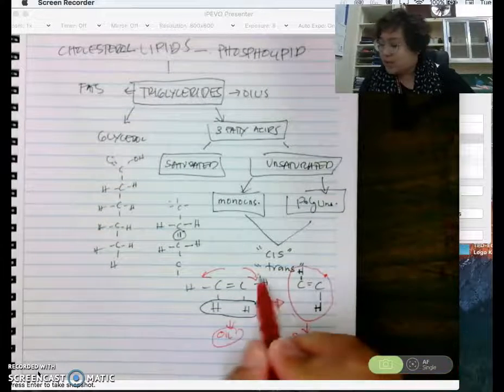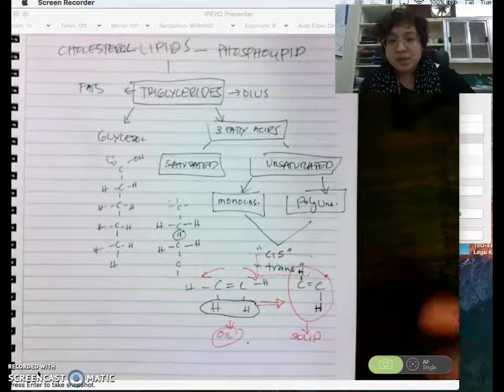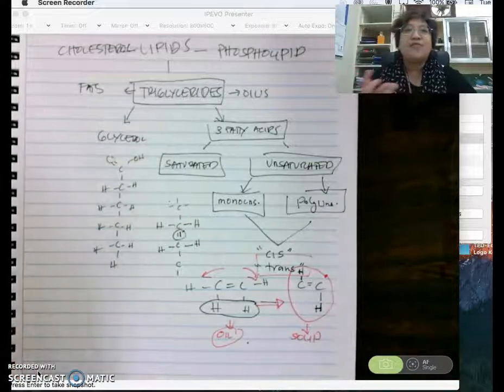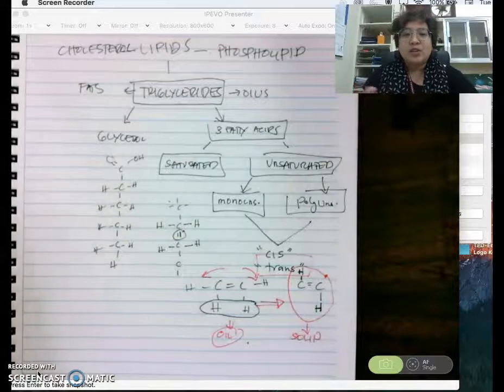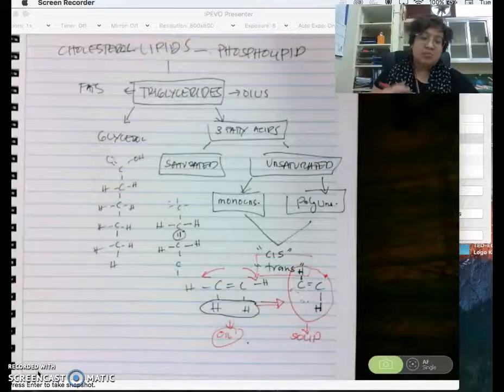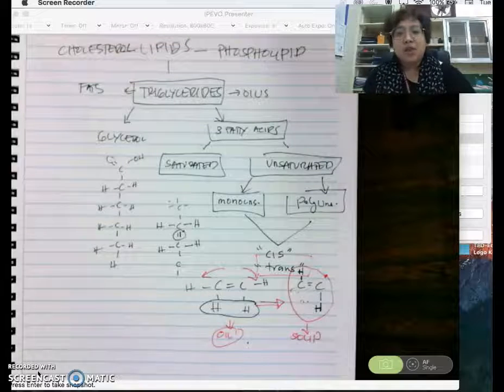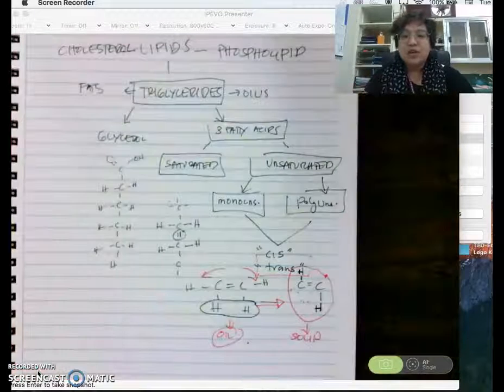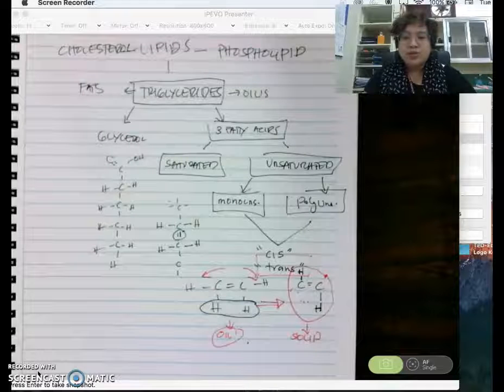So where do we find this? Go ahead and buy your chips. Look at the label on the back. It will have trans fats, or any kind of processed food that uses partial hydrogenation of its oil, which means it can have a longer shelf life. So it's actually good for the food industry.